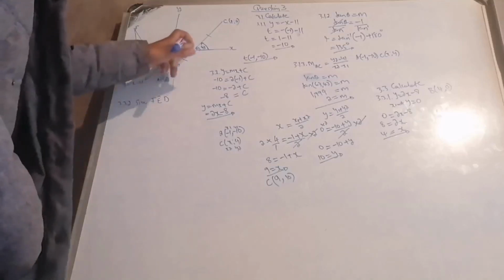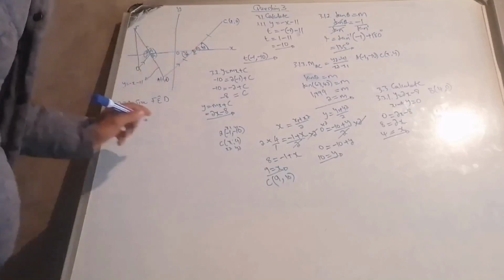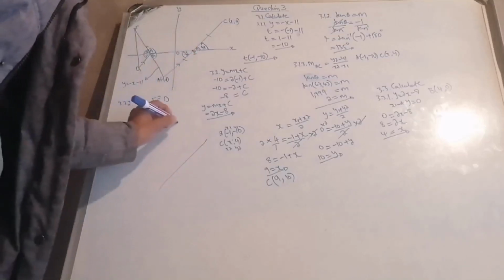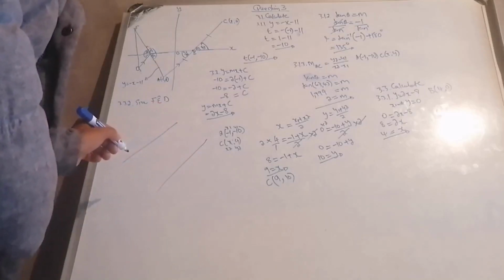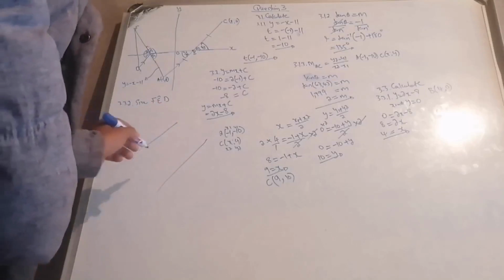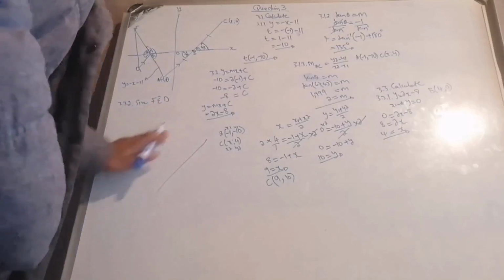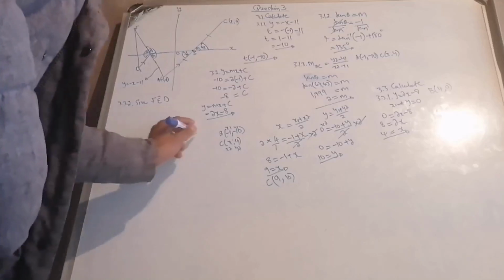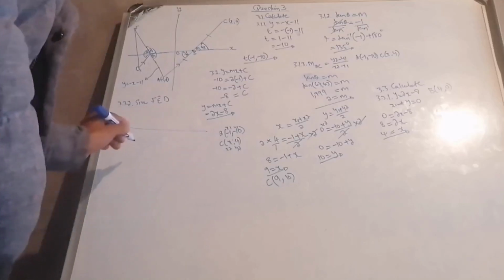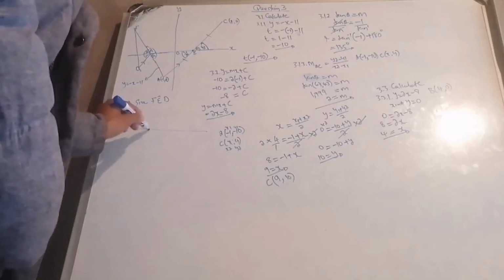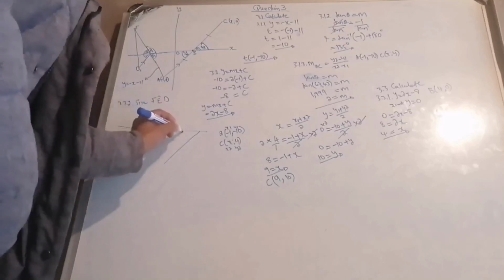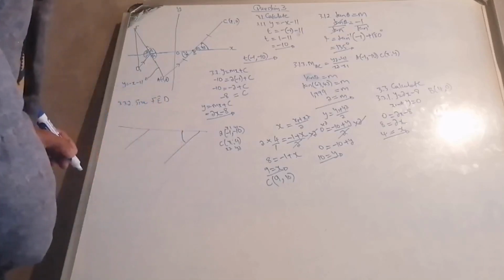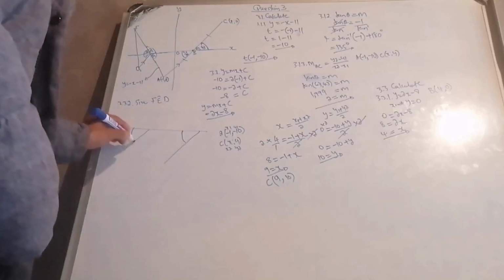So if this line is parallel to this line, we are told that this line is parallel to that line. I know that the angle here is equal to the angle there.